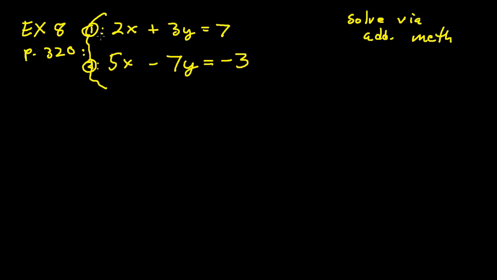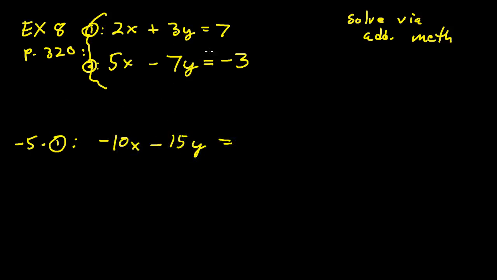And to do that, he multiplies the first equation through by minus 5. Minus 5 times 2x is minus 10x. Minus 5 times 3y is minus 15y.